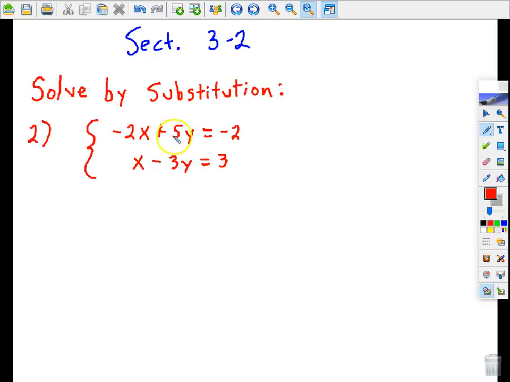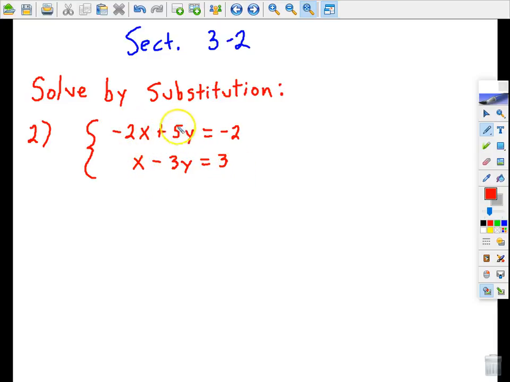I mean, I could get my answer by solving for either x or y, but there is a better choice. There is a best choice, and that is solving this bottom equation for x, because I can do that in one step. If I just add 3y to both sides, I've got it solved for x.